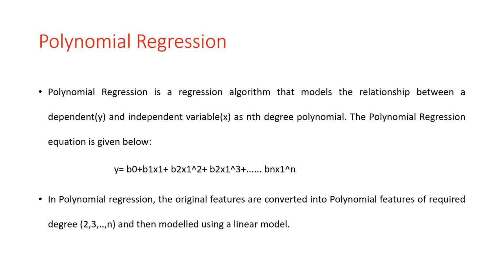It is also called a special case of multiple linear regression. Linear regression contains two types: simple linear regression and multiple linear regression. Polynomial regression is also a type of multiple linear regression in machine learning, because we add some polynomial terms to the multiple linear regression equation to convert it into polynomial regression.